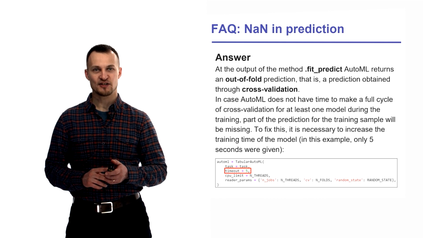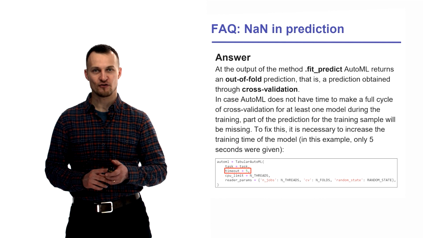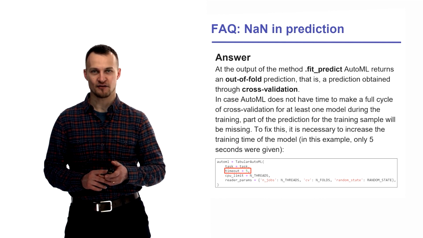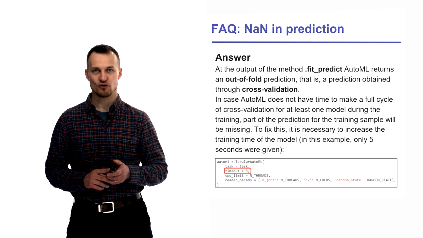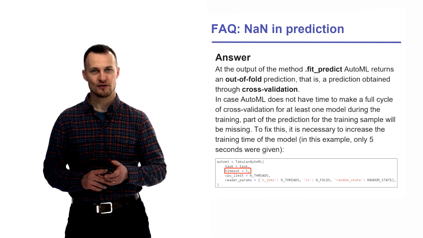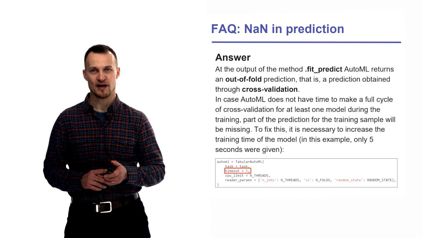In case you have a small time budget, for instance 5 seconds, the full cycle of cross-validation has no time to complete for any algorithm. As a result, the rows for which the prediction has not yet been calculated will remain empty. Note that this cannot happen on a holdout set when calling the predict method.